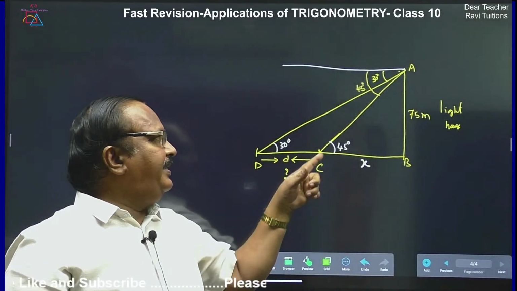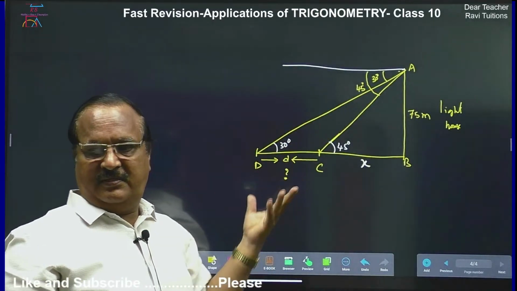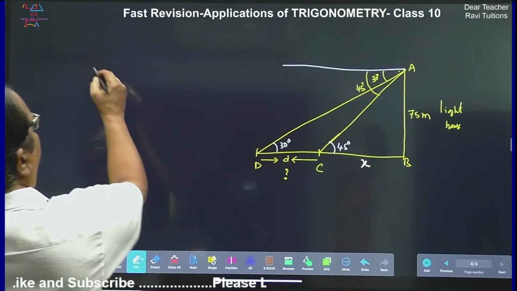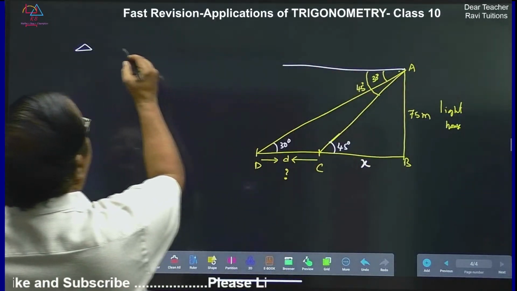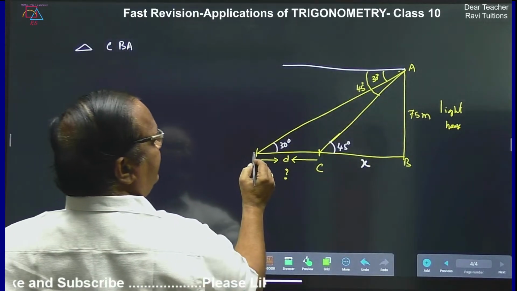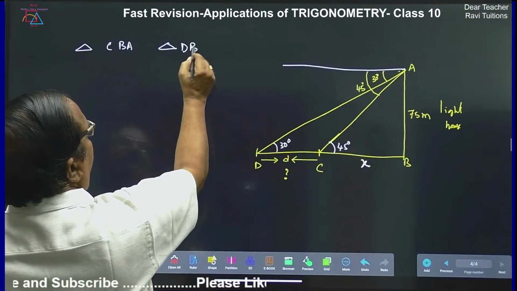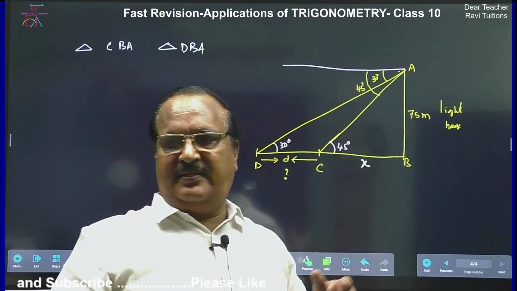Do not write directly here; after drawing like this, you should draw down. Okay. So, now 2 right angle triangles, one right angle triangle is CBA, another is DBA. You identify the right angle triangles and then you will get the answer.